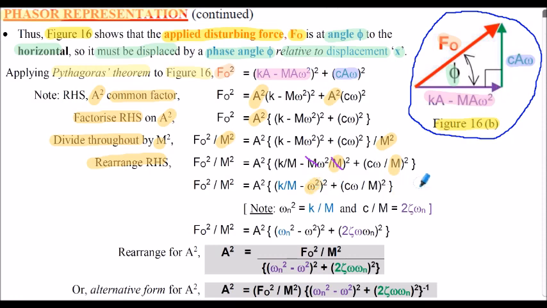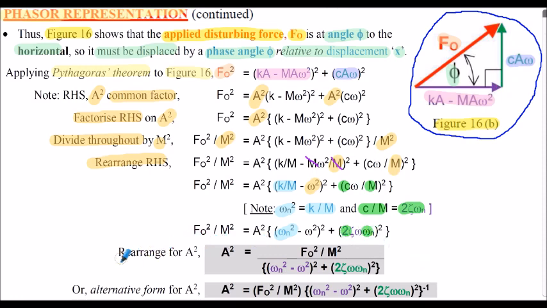Note the relationships. We now let k divided by m equal omega n squared. So replace this k divided by m with the omega n squared here. And we've also let c divided by m equal 2 multiplied by zeta multiplied by omega n. So replace this c over m here with the 2 zeta omega n term.